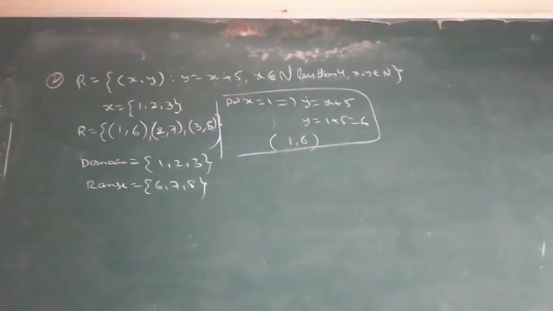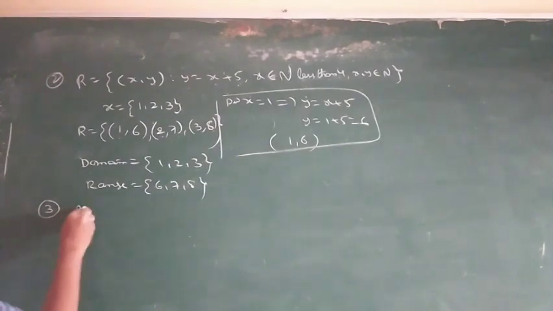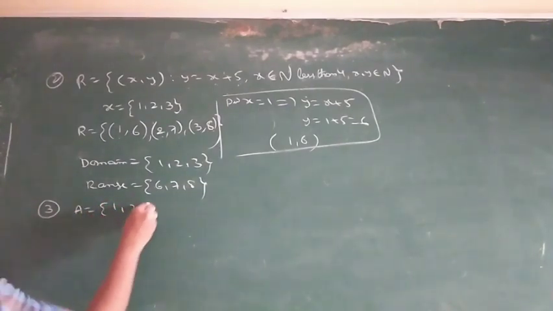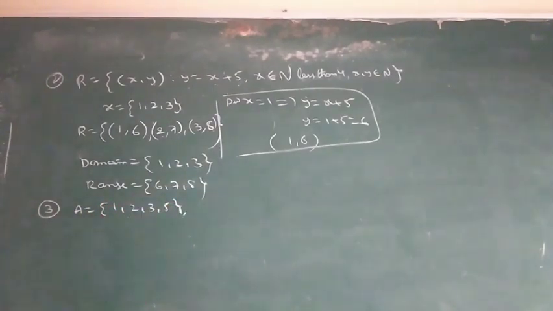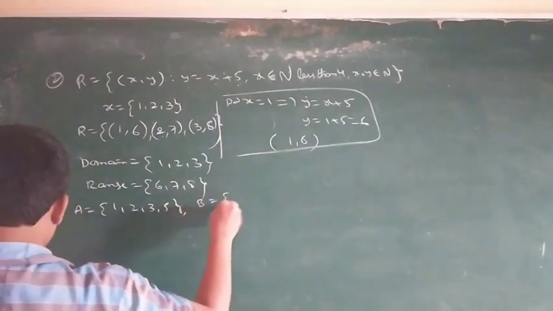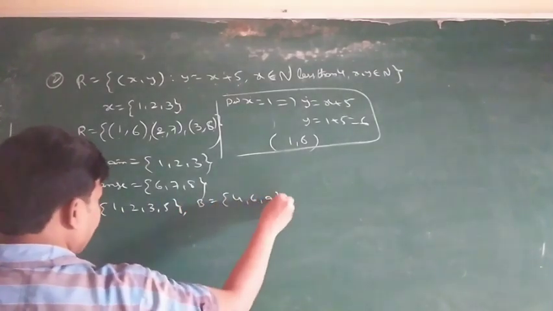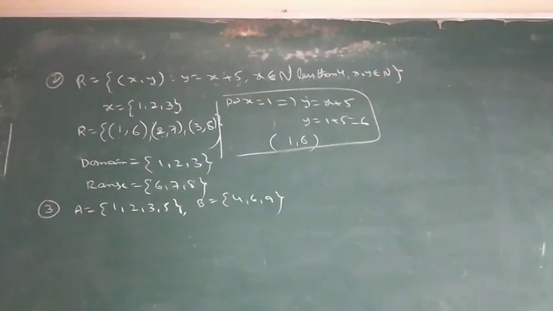Next one. A is equal to 1, 2, 3, 5. B is equal to 4, 6, 9.